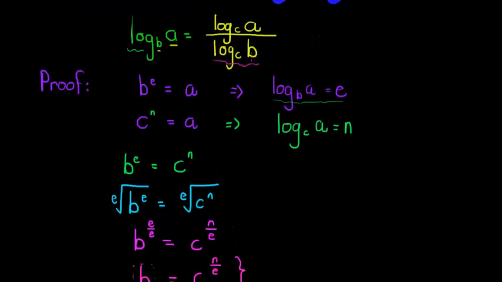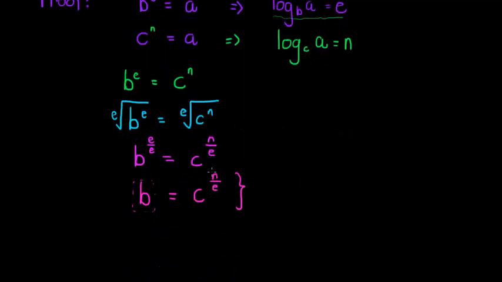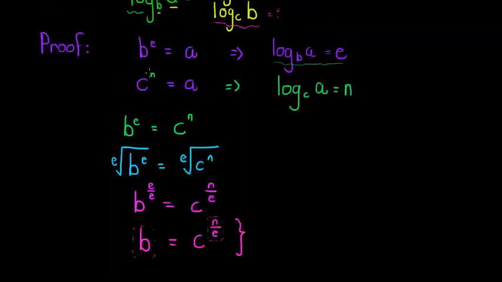I want the input. So what must the exponent be for c to get an answer of b? Well, this is what the exponent needs to be: n divided by e. So whatever n was, that's the exponent I have to give c to get a. If I divide n by e, and e was the exponent I needed to make b equal to a.